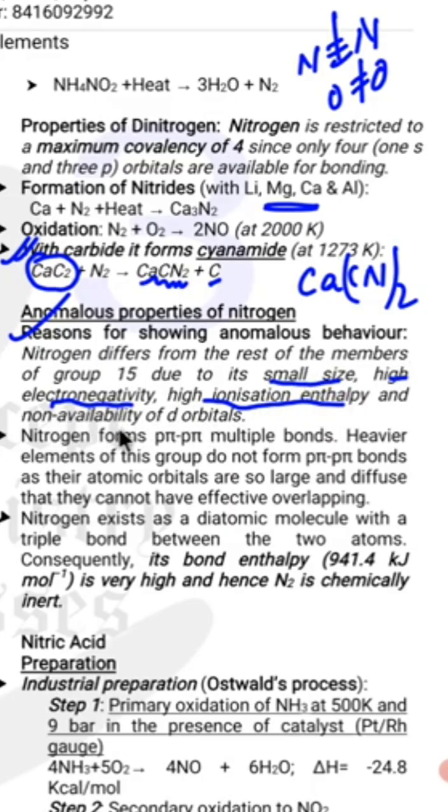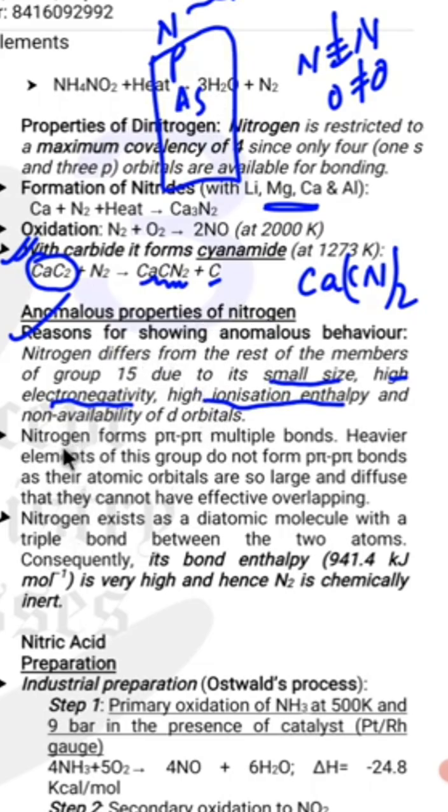Due to these reasons, nitrogen shows different behavior from the rest of the members of group 15, such as phosphorus and arsenic. That is called anomalous behavior or anomalous properties.